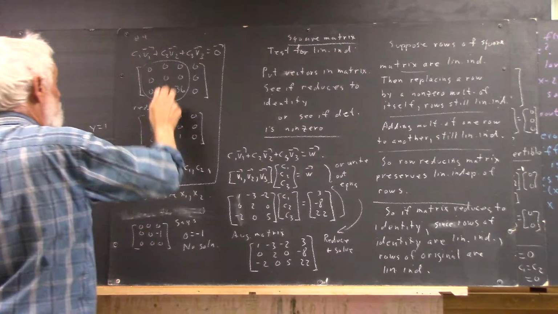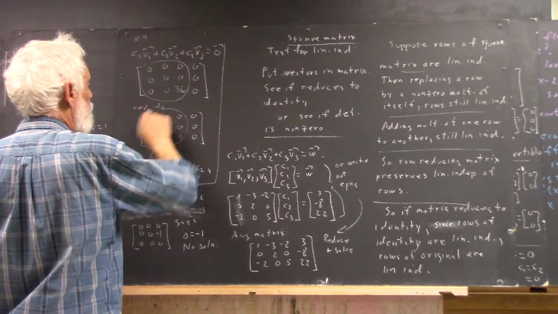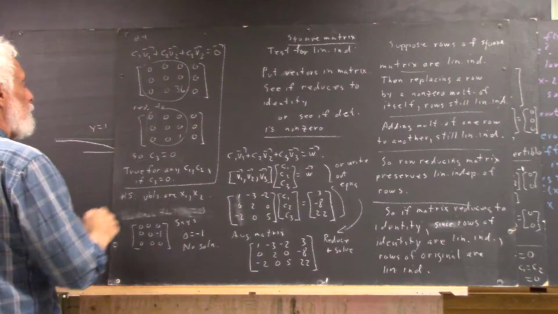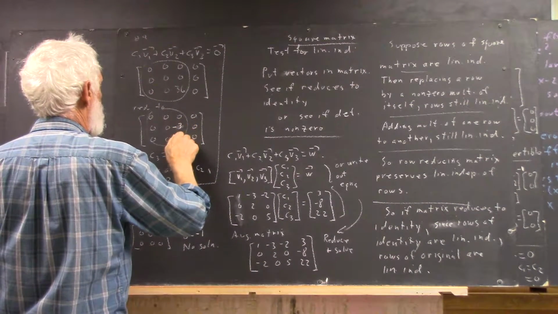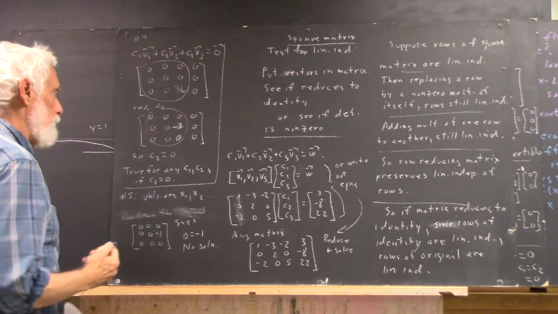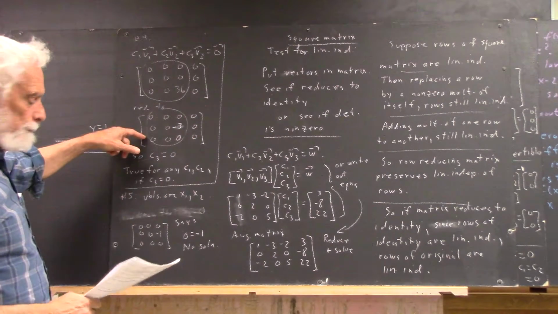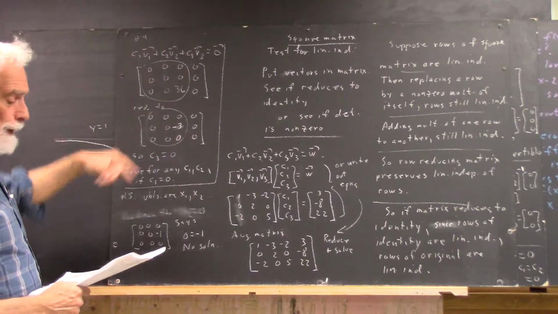And we see that this matrix reduces to 0, 0, 0, 1. Well, this matrix could also clearly reduce to this, which I think is a form that's specified on the problem.